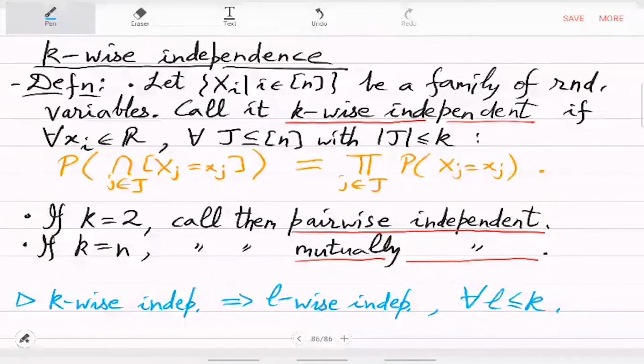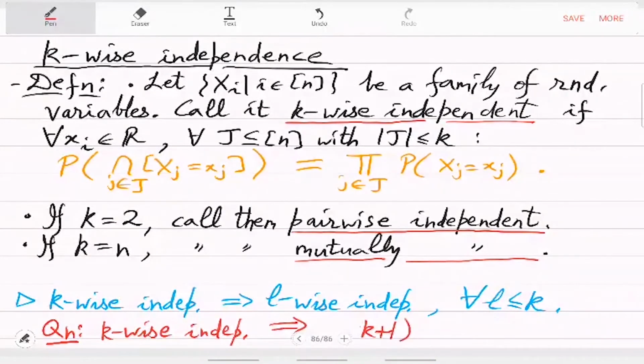Can you go from k to k plus 1? Does k-wise independence imply k plus 1 wise independence? That is not clear. Intuitively it should not be true, because it seems to be requiring extra information than what you are given. So let us see a proper example, and then you will understand why this discussion was important.